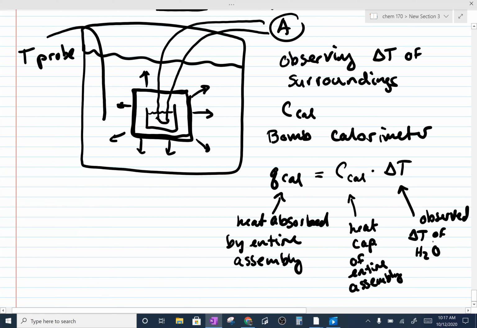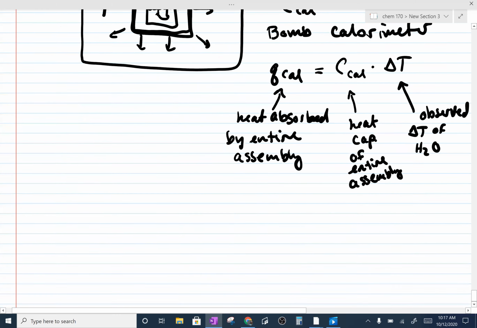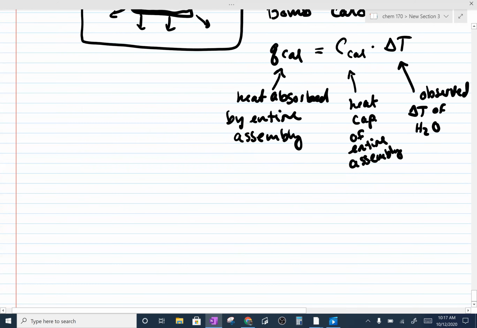So that's what this temperature probe is giving us: essentially the change in temperature that's elicited by this chemical reaction. We know that all of the change in temperature comes about because of heat that's being released by the reaction that's happening inside the system.